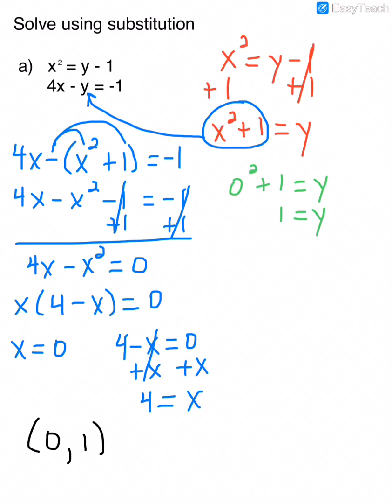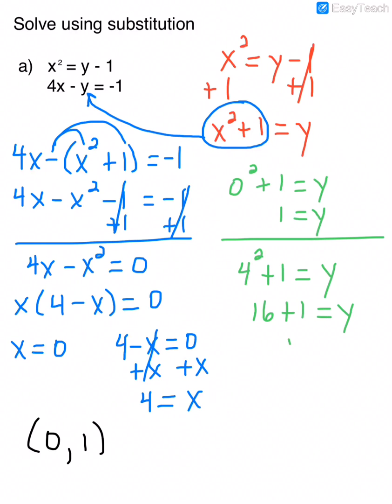Now I'm going to do the same thing with the 4. I got 4 for one of my x's, so I'm going to plug it in again to this equation. If I plug in 4 for x, 4 squared is 16, and 16 plus 1 is 17.